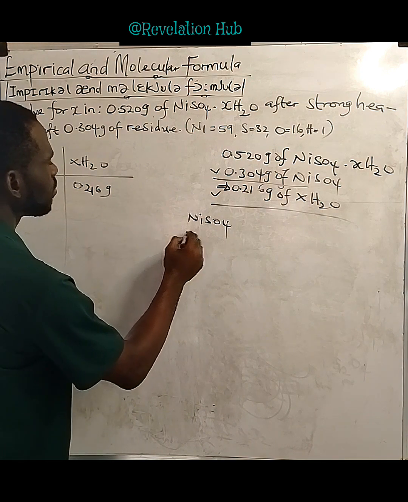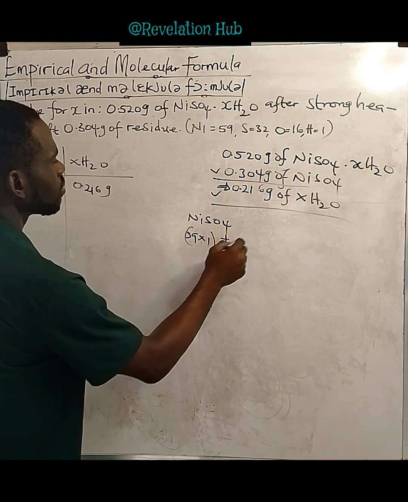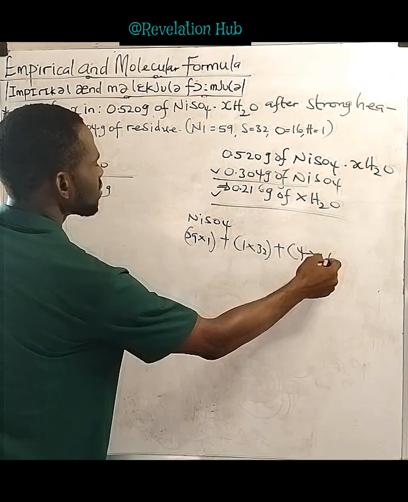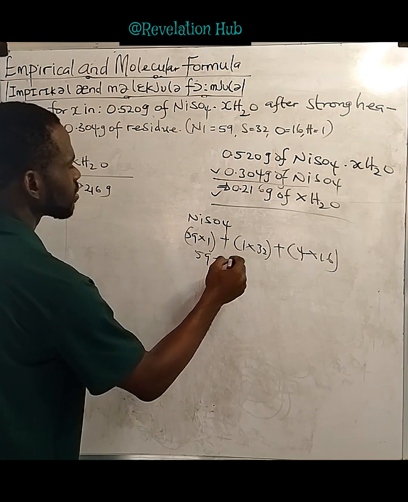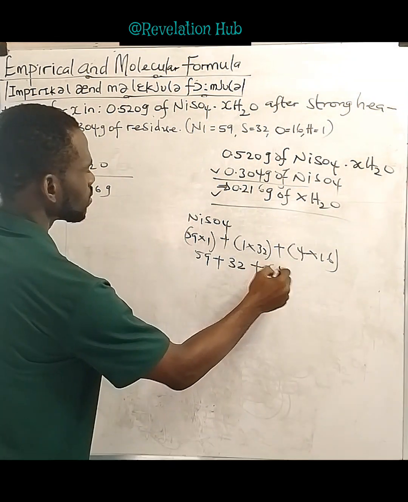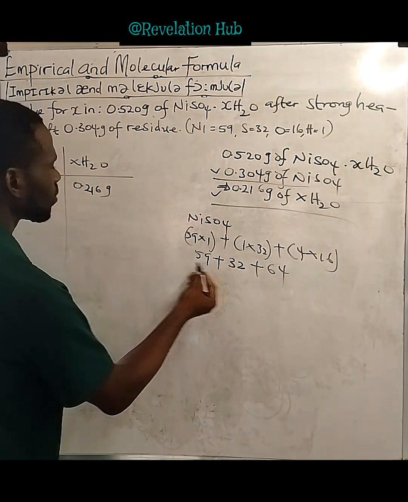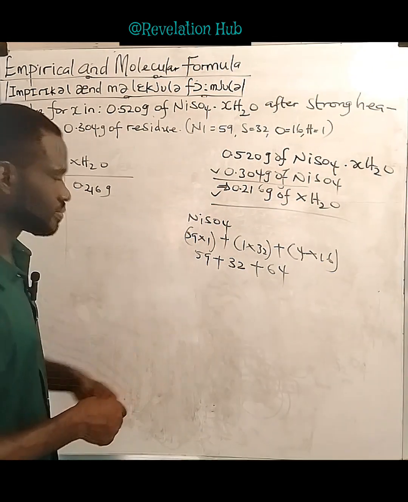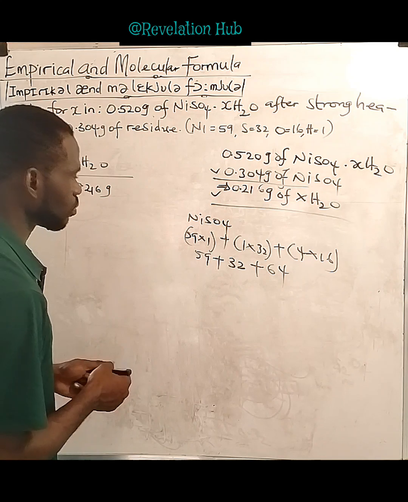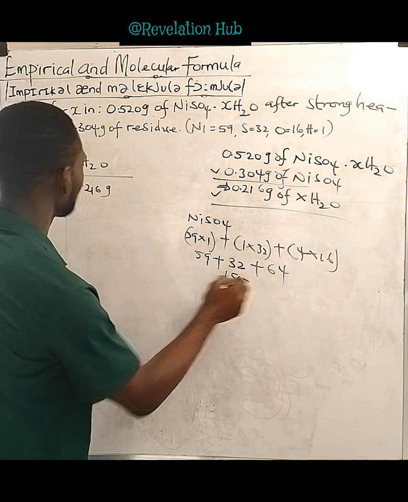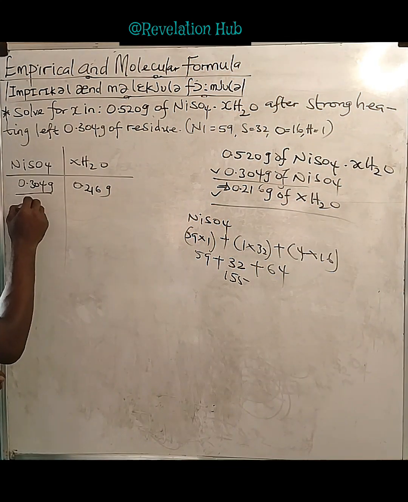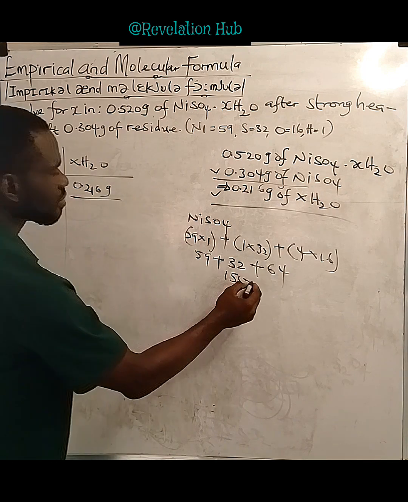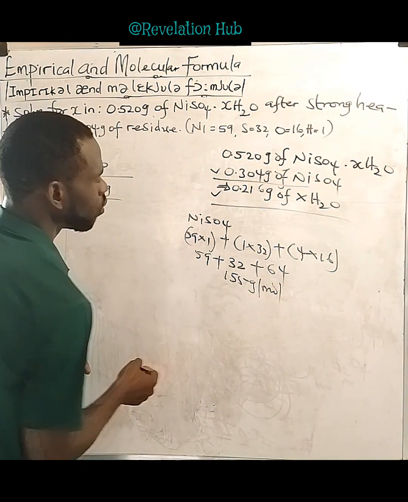Nickel is 59, just one atom of it, plus sulfur, one atom, times 32, plus 4 atoms of oxygen, 4 times 16, that's 59 plus 32 plus 64. 59 plus 32 will give us 91, 91 plus 64 will give us 155. So that's 155 gram per mole.